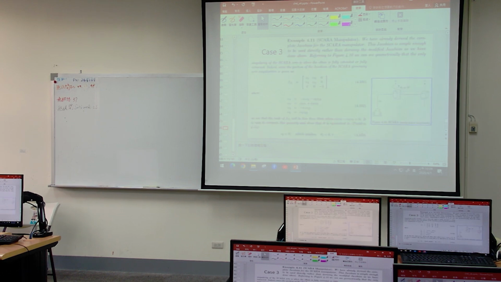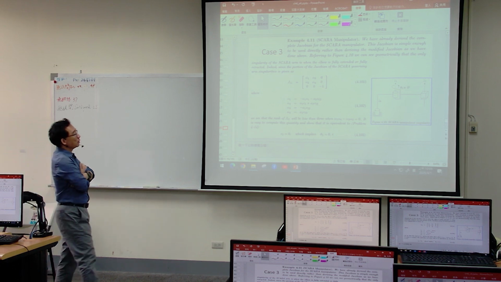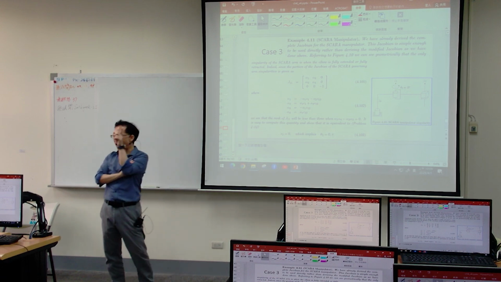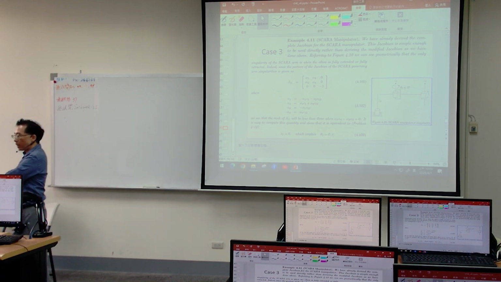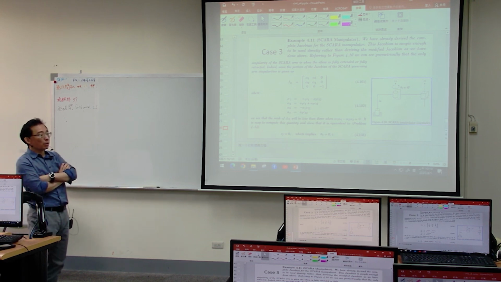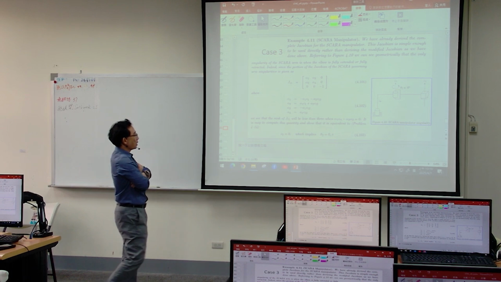Case 3 is SCARA. Again, this is a little bit confusing from the geometry, but it's easy from the mathematics. For J11, the upper left, we have alpha 1, alpha 3, and the result is over here. I already checked, it's the same, as we introduced in the previous session.